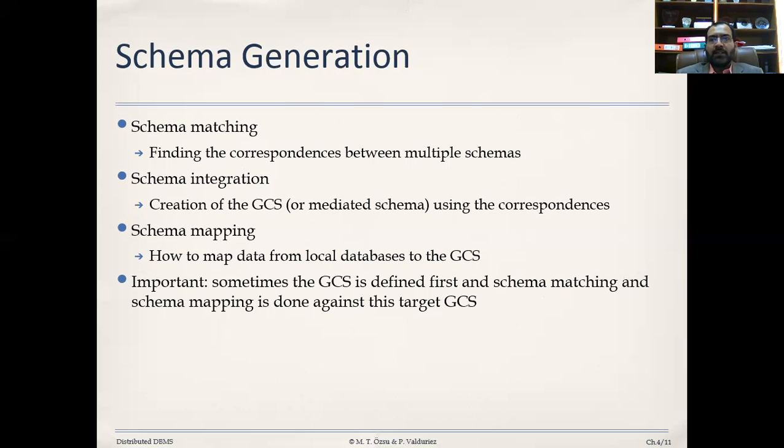If they are not matching, they are different. The second is schema integration: creation of the GCS or mediated schema using the correspondences. Let's suppose I have checked the student information, and in all these three sections, we have that information available in terms of their seat number, their name, and their father name. So I will come up with the GCS definition based on these correspondences.